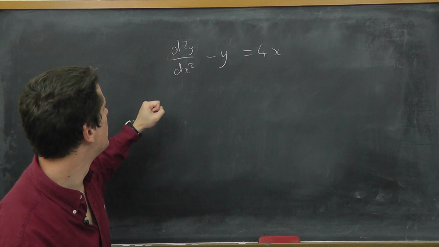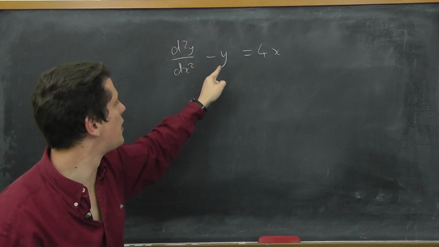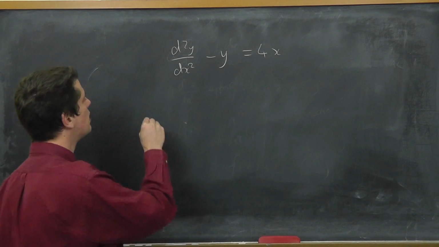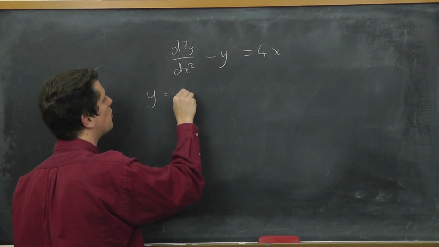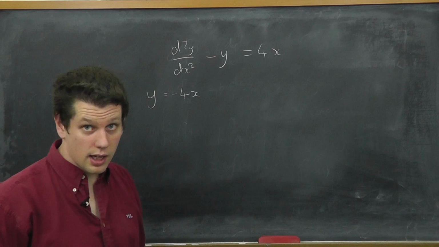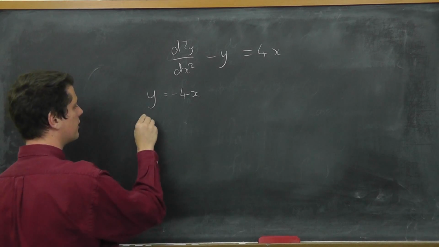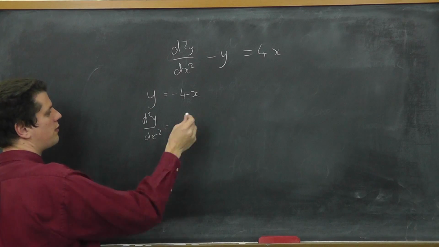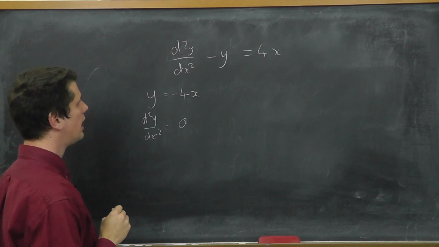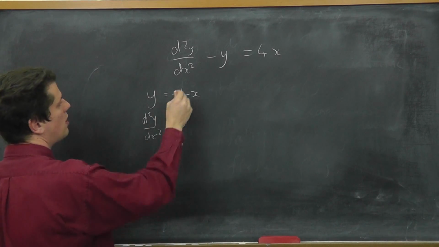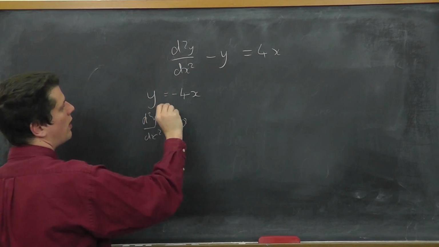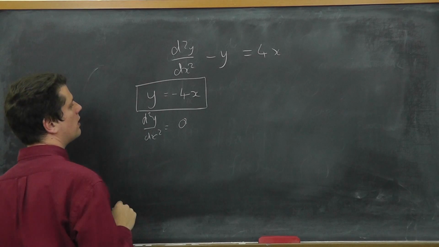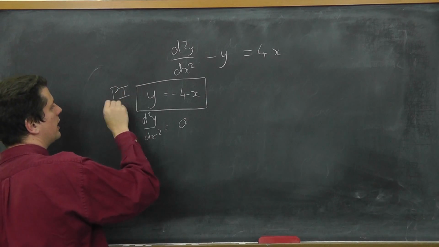So the second derivative of 4x minus 4x would be minus 4x, which is not quite what we want. But if we take y equals minus 4x, we get a solution, because then d2y by dx squared, the second derivative of minus 4x, is 0, and so second derivative minus y is minus 4x minus negative... that is, 4x. So that's the particular integral that we're going to use.